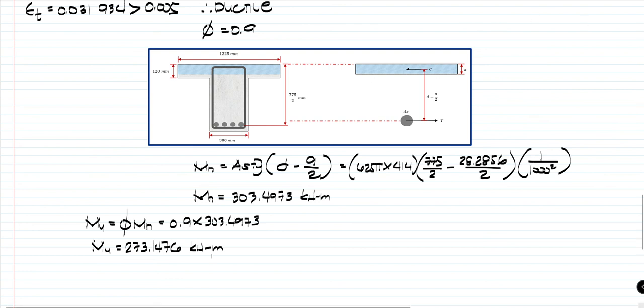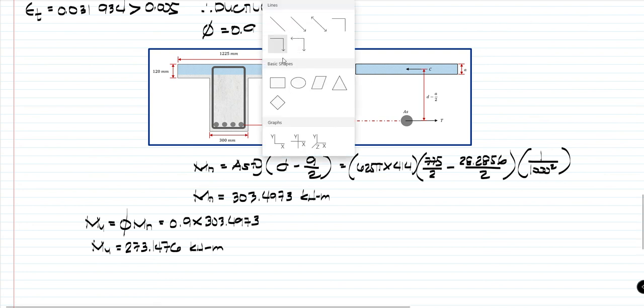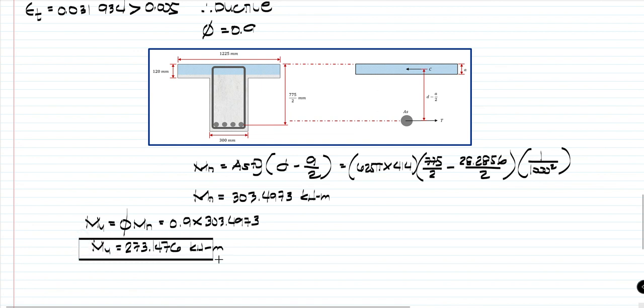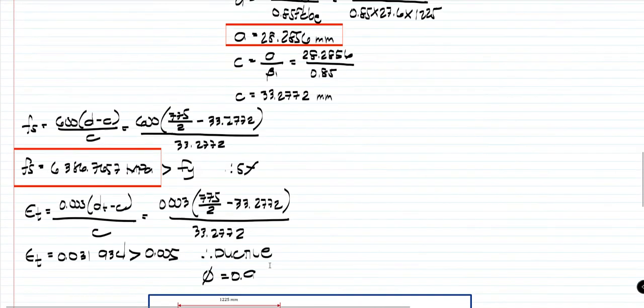So this will now be the ultimate moment capacity nung beam natin for this sample problem.